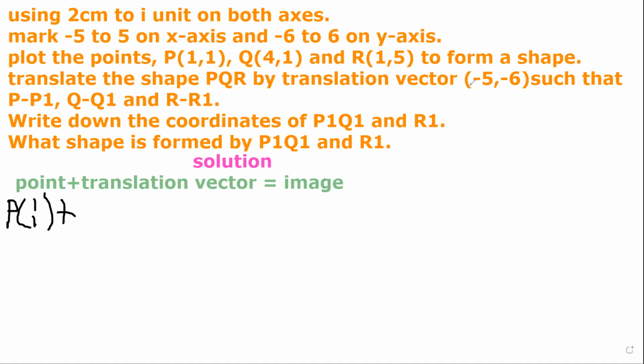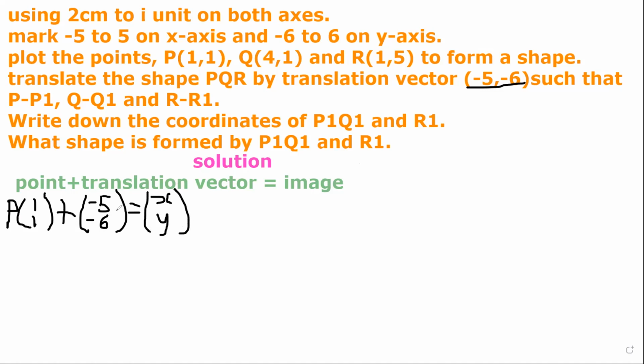The translation vector given here is -5 and -6. Let the image be, you always expect the image in the coordinate form. So here, let it be X and Y, okay?